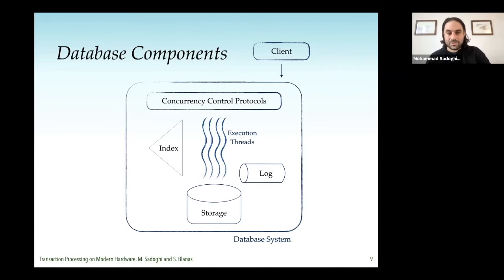The final component of any relational system is that, well, even on your phone, you may have 8 processors or 8 cores or 16 cores. And on modern servers, you may have hundreds of cores.